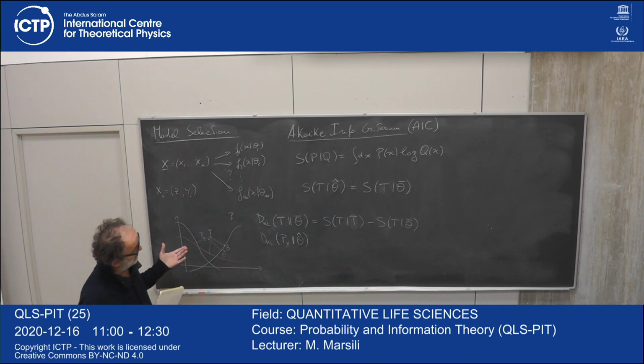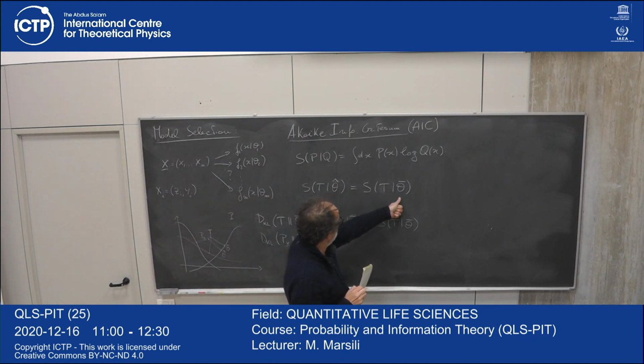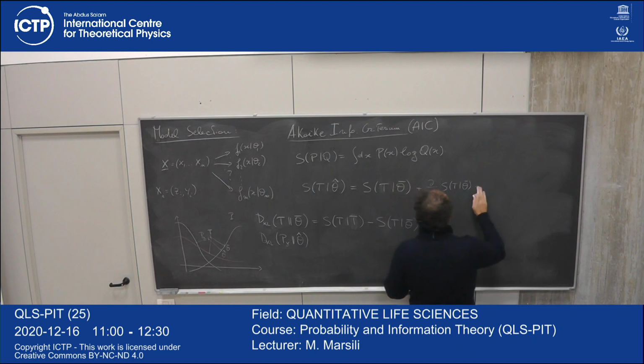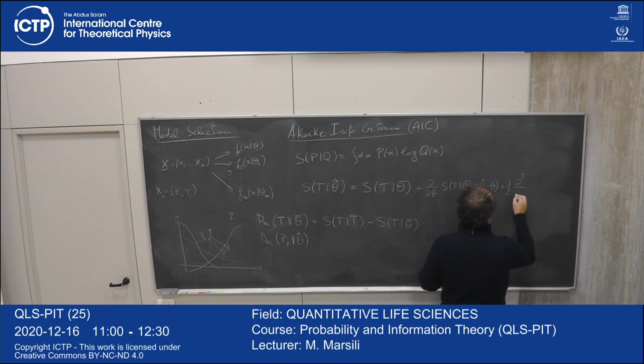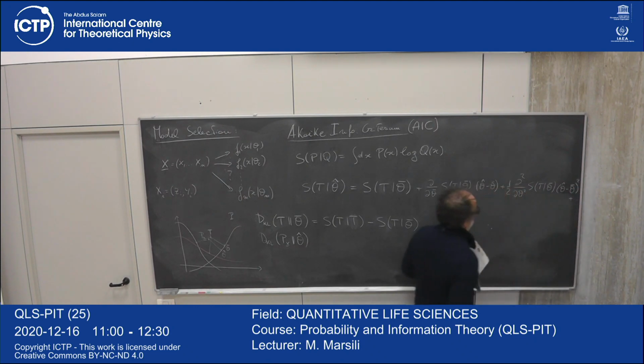And now, if I expand around theta bar, then the first term will be the derivative with respect to theta bar of S of T and theta bar times theta hat minus theta bar, plus 1/2 the second derivative with respect to theta hat squared of S of T theta bar times the square of this, plus higher order terms.